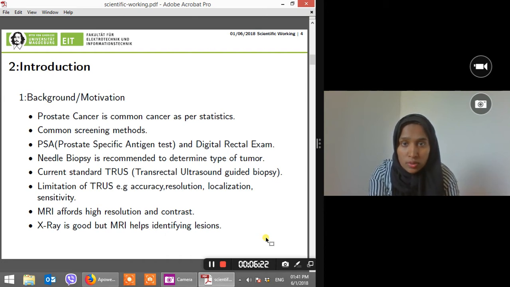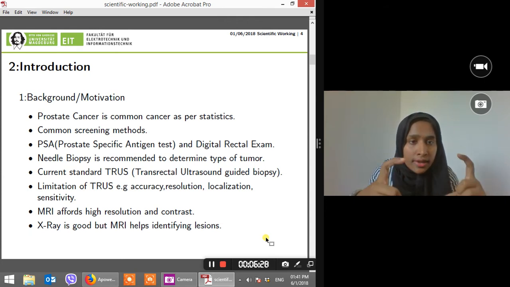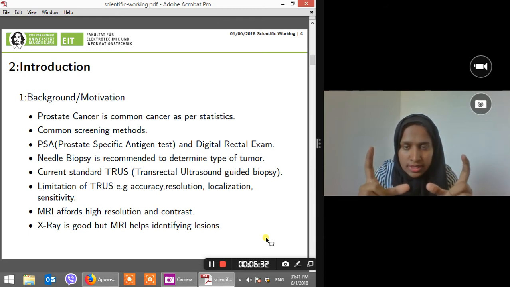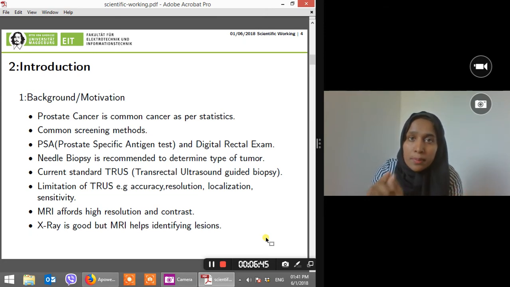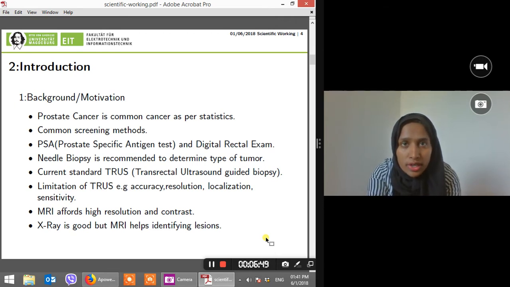The digital rectal exam is one in which the physician observes the physical shape of the prostate, whether it is enlarged or not. If it is enlarged or there is abnormal behavior, and if PSA and the digital rectal exam both show abnormal behavior, then definitely we are going to have prostate cancer.